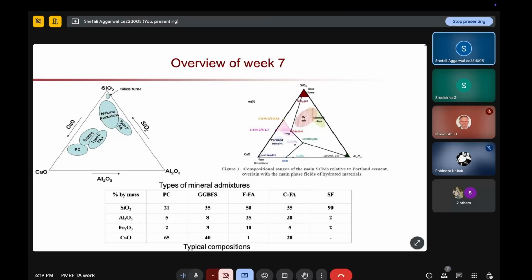If you see this ternary phase diagram, based on the amount of different oxides, we are distributing our mineral admixtures in different ways. Naturally available mineral admixtures commonly used in our concrete are GGBS, means slag, fly ash, two types of fly ash, F type and C type, and silica fume.